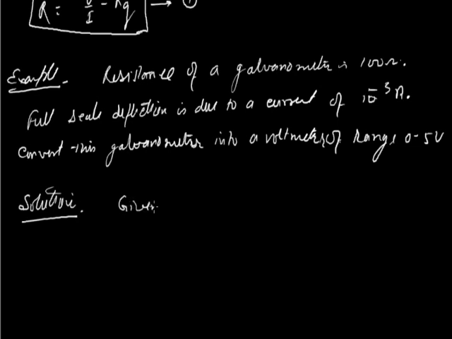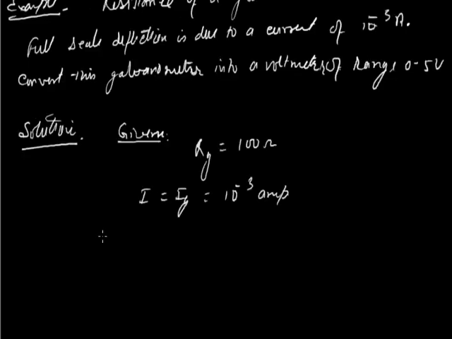Given: resistance of galvanometer coil Rg is 100 ohm, Ig is 10 raised to the power minus 3 ampere. For the voltmeter, the maximum potential difference V is 5 volt.